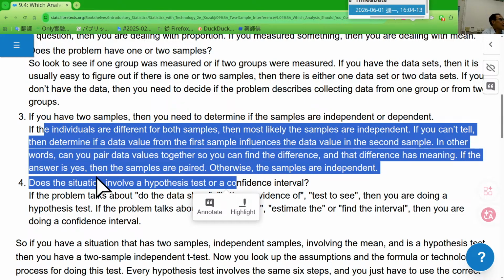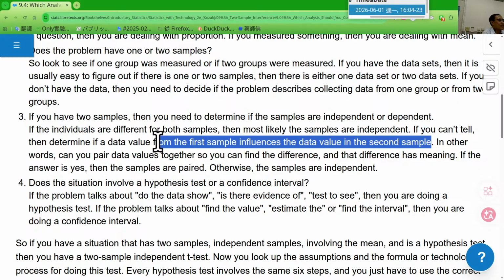If you cannot tell, then determine if a data value from the first sample influences the data value in the second sample. It's very, how can I say, it's very annoying. Let me say that before you come to Taiwan, you're drinking water. After you come to Taiwan, you're still drinking water. I want to know the amount of drinking water individuals drink every day before and after they come to Taiwan.